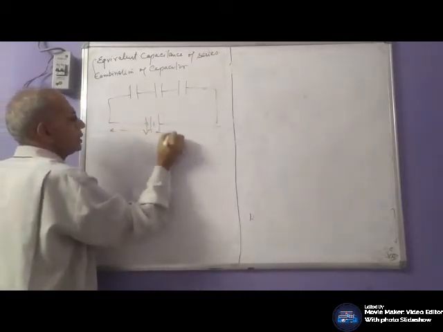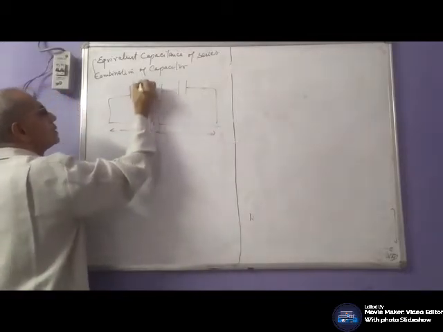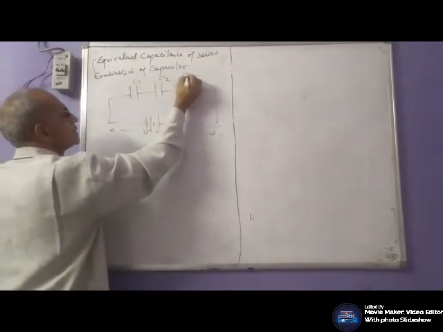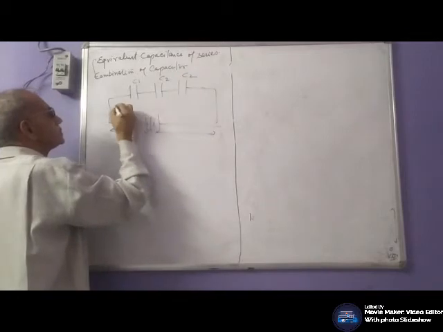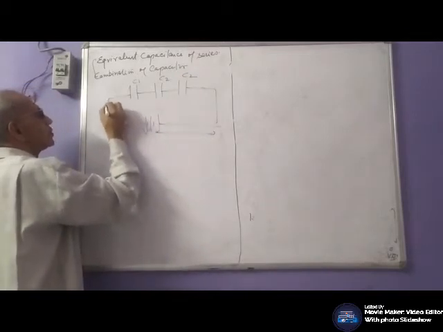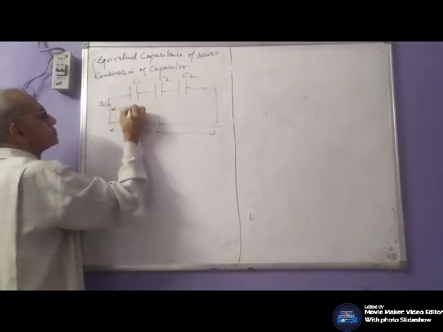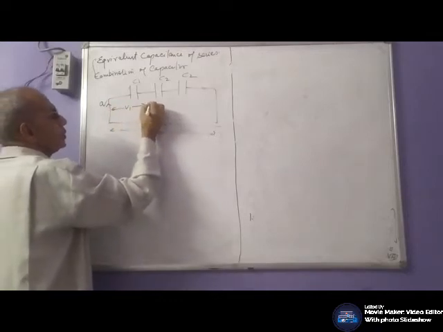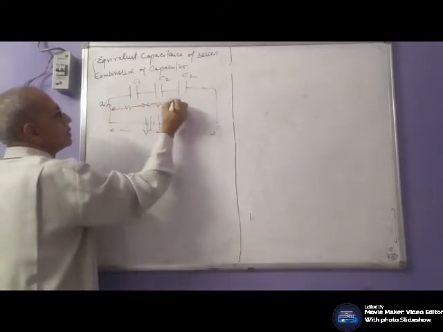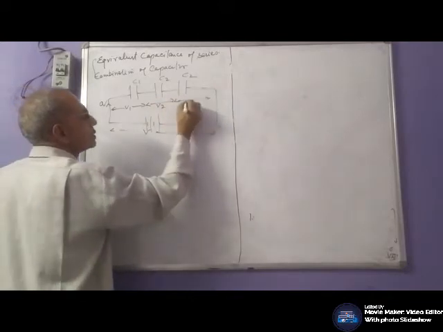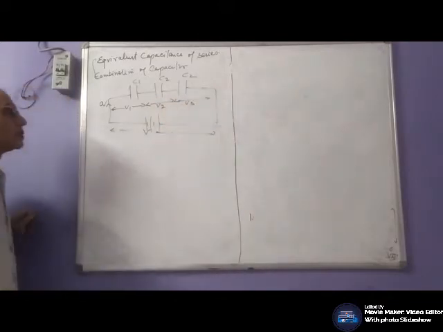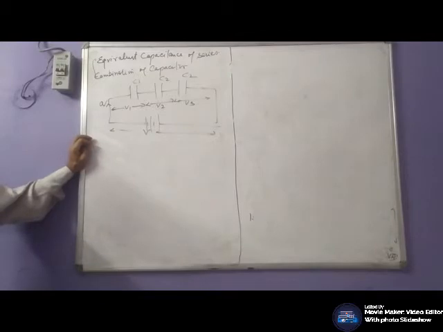This is the voltage applied, this is the capacitance, this is the charge flowing, and the potential across. First, define capacitance in series.